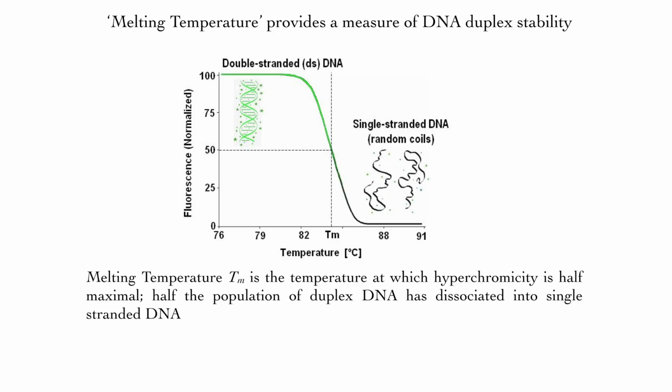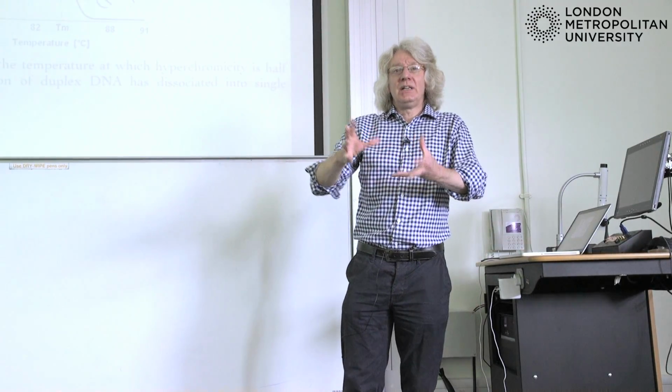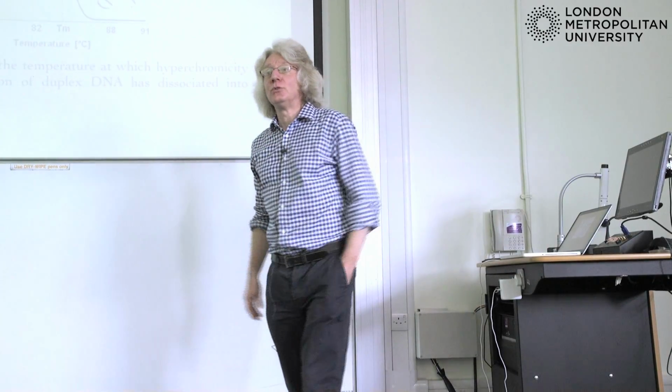How would it behave? Well, what you do is you measure the so-called melting temperature of complementary DNA. This provides us with a measure of duplex stability. Basically, the melting temperature is the temperature at which half of the DNA is in the duplex form and half has dissociated into single-stranded forms.